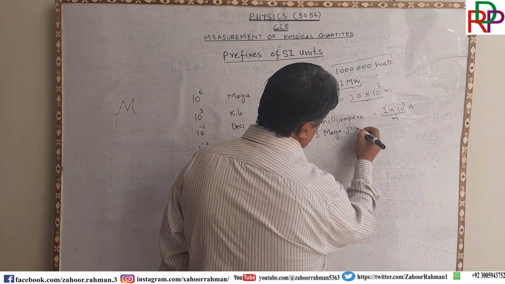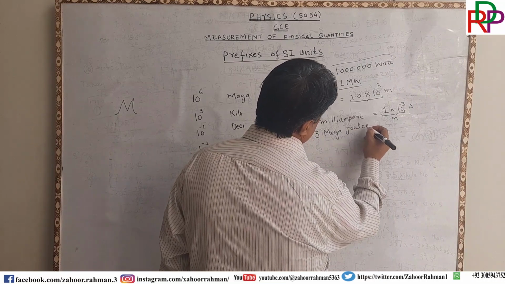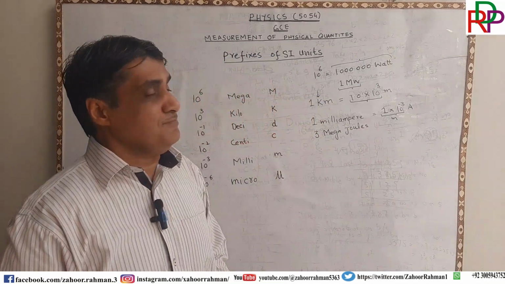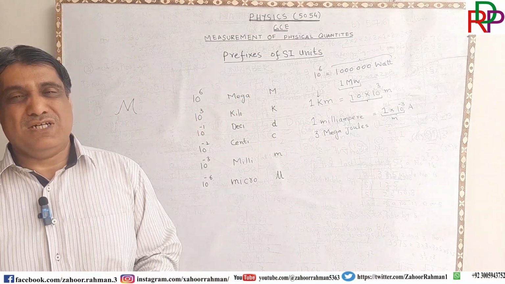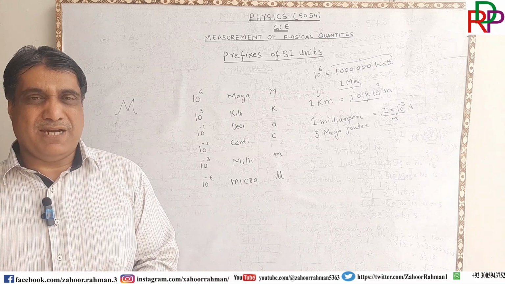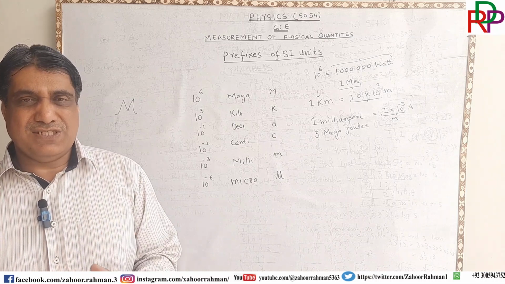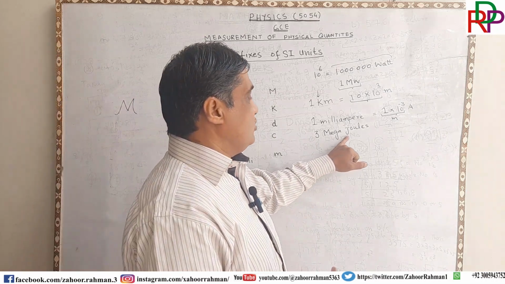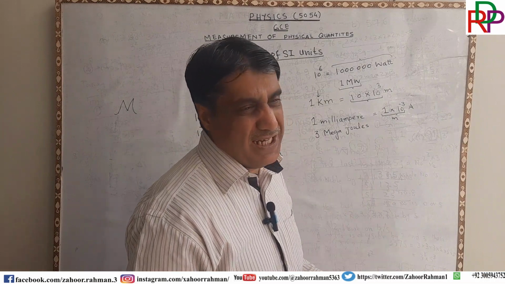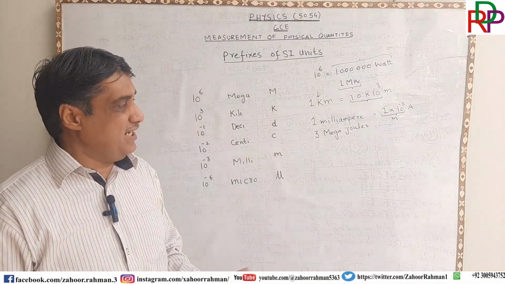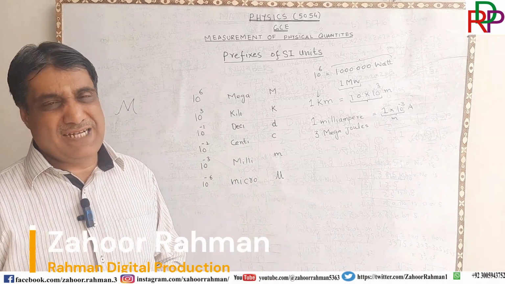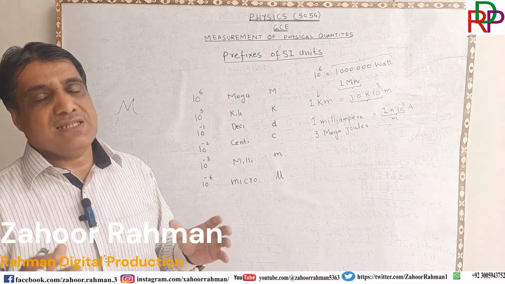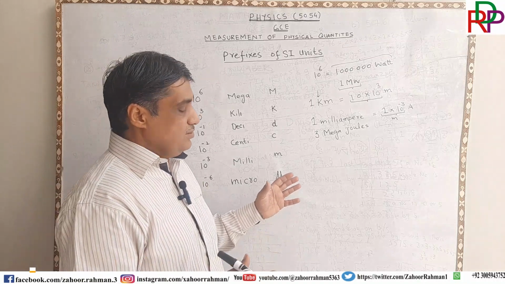Ladies and gentlemen, different people are pronouncing this joule differently, but the correct word, as I learned from my teachers in the university, is joule. So whatever you are pronouncing it, megajoule or megajoule, it doesn't matter, but you have to understand the concept of joule.